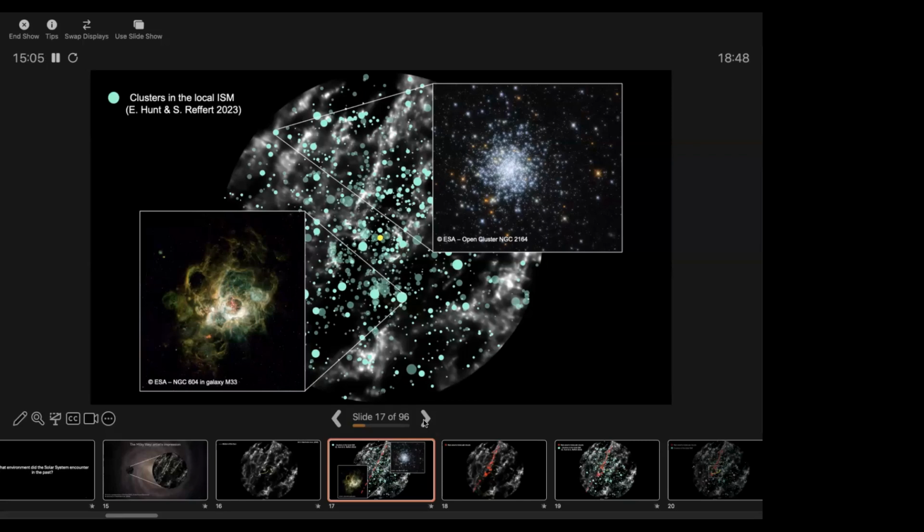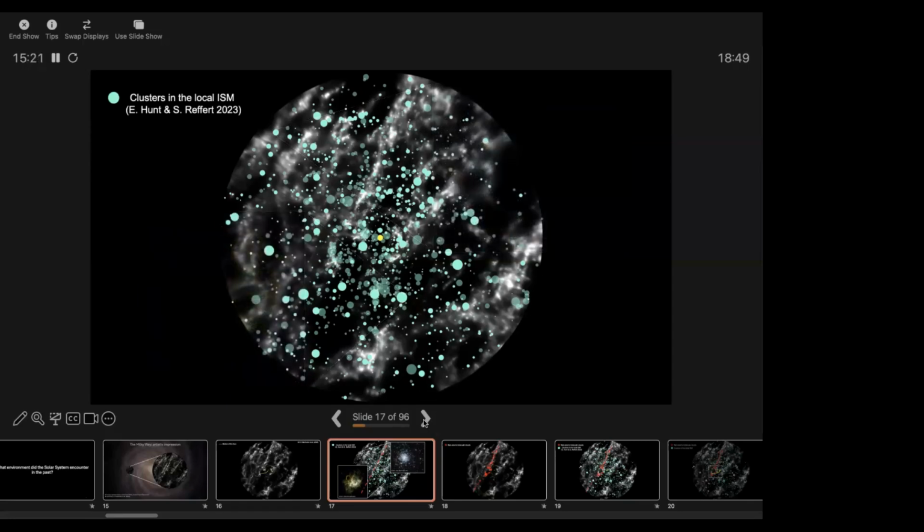And since we know their velocities, we used these clusters, these families of stars, to see if the sun interacted with the Radcliffe Wave.